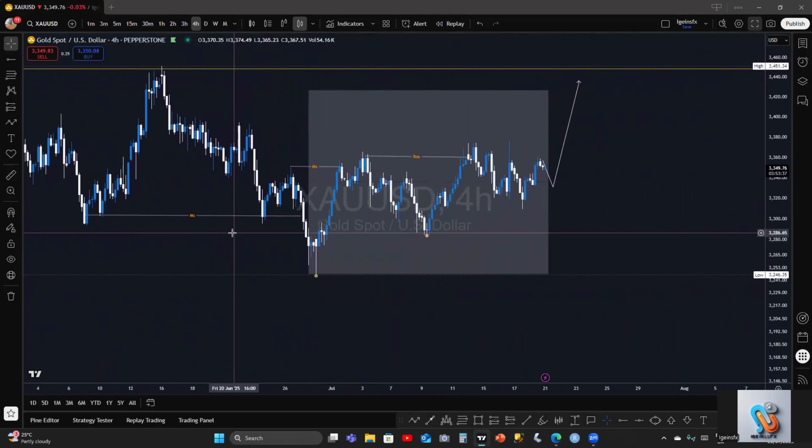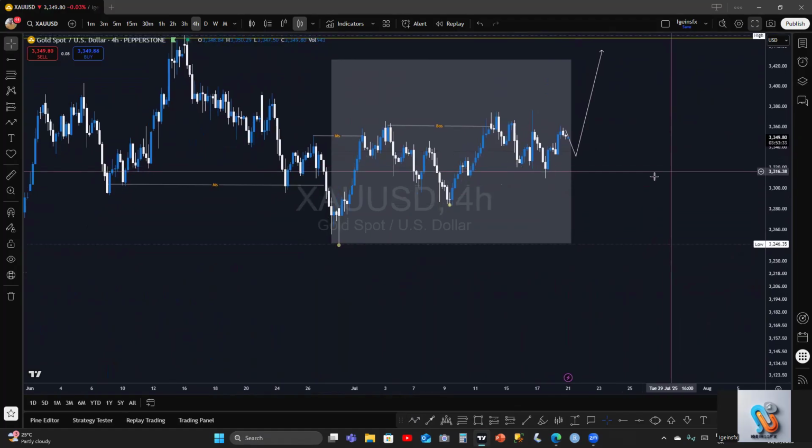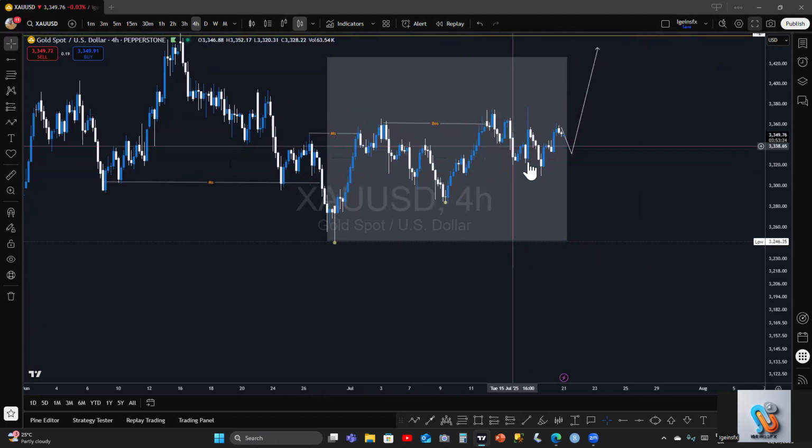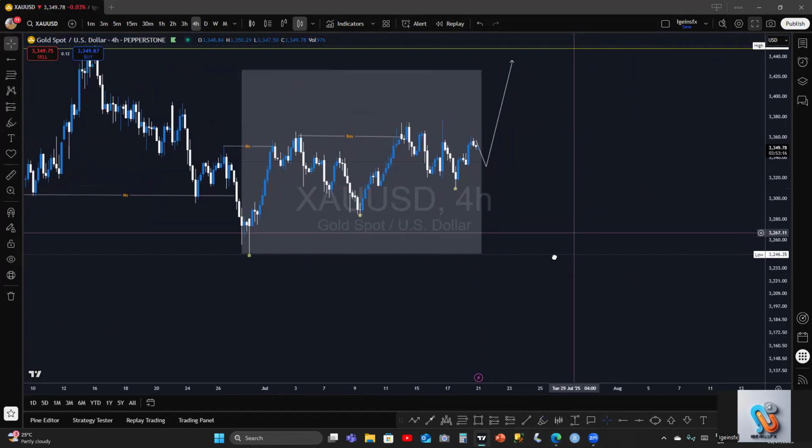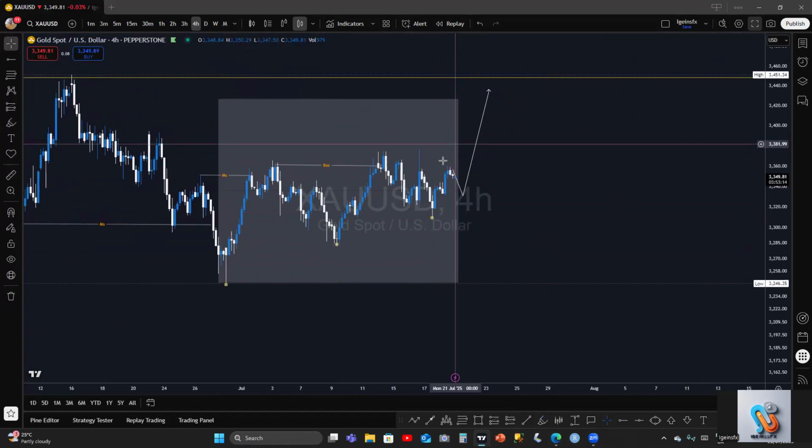Gradually, it's pushing to the upside because market shift happens, break of structure happens, then there's a pullback. The pullback has ended. All right, because there's a rejection, the pullback has ended. Then there is a push to the upside.